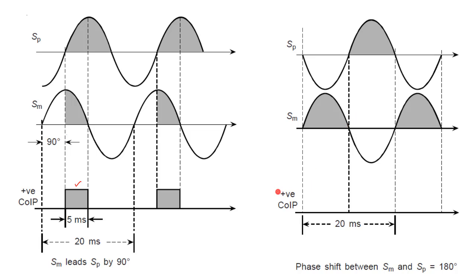So we are doing this for the positive coincidence period, so the positive coincidence period will be 0 millisecond here, and the phase shift is 180 degree.